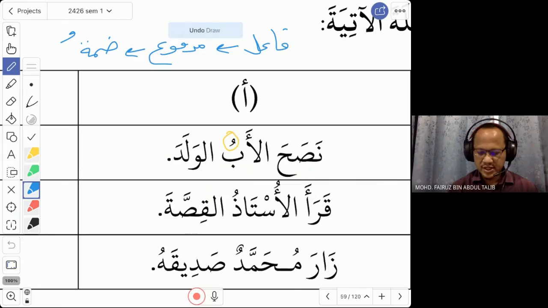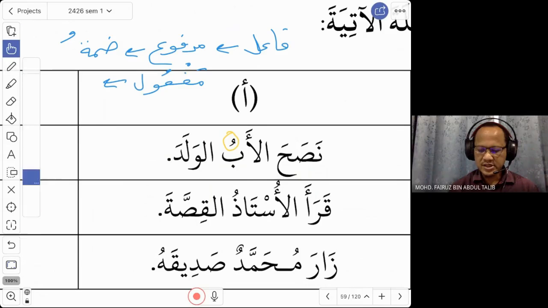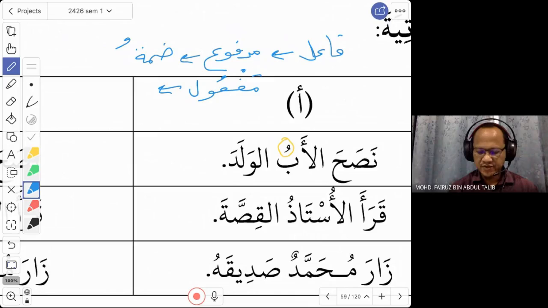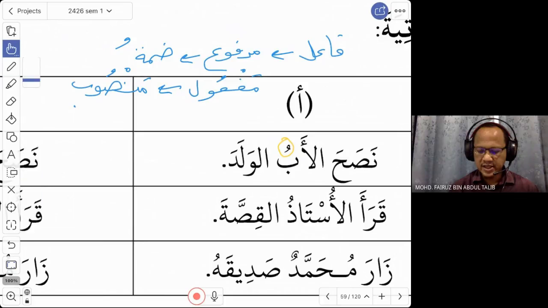That is the object. Do you remember, if it is a maf'ulun bih, what is the hukum? Mansub. Yes, good. It is not marfu, it is mansub. When the word is in the state of mansub, what is the ending?